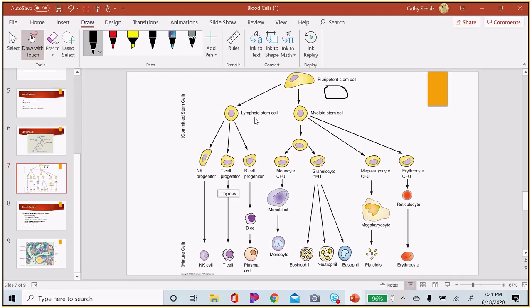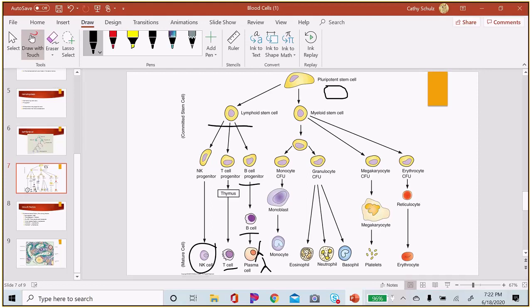These lymphoid stem cells can then further differentiate into different types of progenitor cells that are going to make lymphocytes eventually. So we have the lymphocyte that's part of the innate immunity response, that natural killer cell, and then we have the progenitor cells that make the T lymphocytes and the B lymphocyte that eventually becomes the plasma cell that makes the antibody.